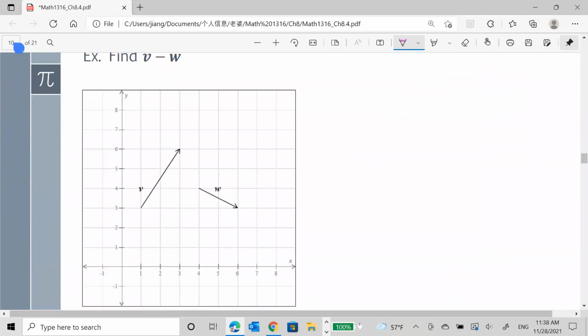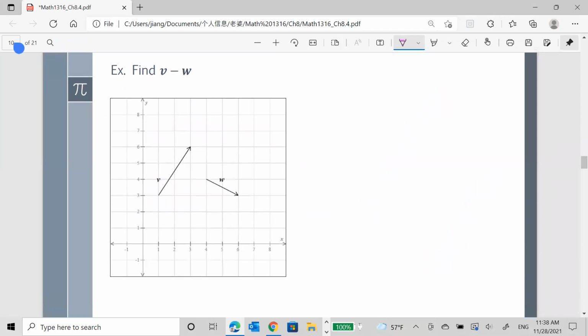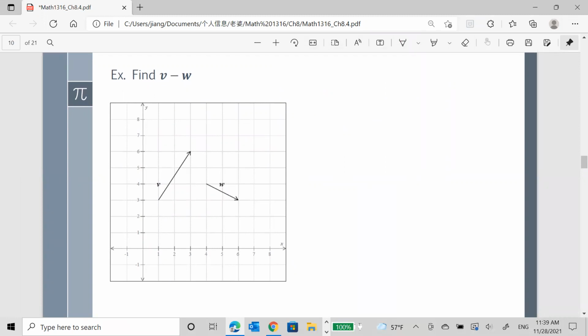So how about V minus W? I can also use two methods to find V minus W. So we have V here and W here. By the first method, that's tip to tail, I need to move them together.